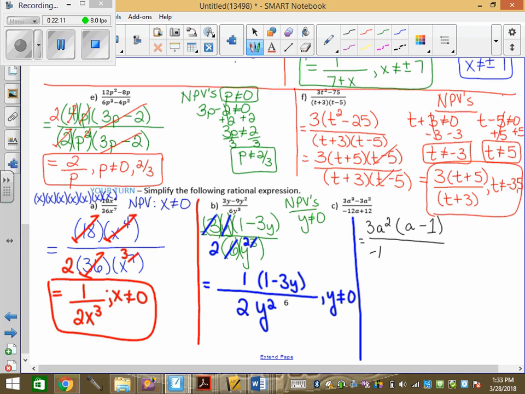The bottom I can take out a negative 12, and I'm left with a minus 1. So I had to take out a negative 12. If I took out a positive 12, they wouldn't match. They'd be the wrong signs. So my NPVs are going to be a cannot equal 1.